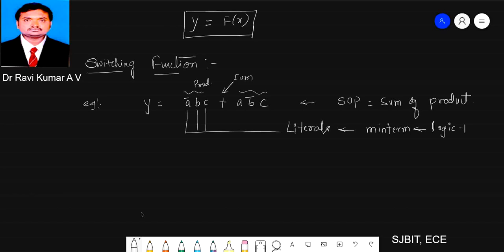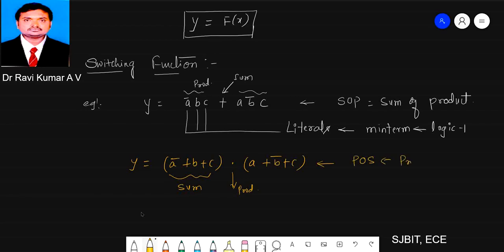Let me take one more example. Y is equal to A bar plus B plus C into A plus, let's say, B bar plus C. Here also these are the literals. Here this is your sum term and this is your product term. So altogether we call it POS, that is product of sum.